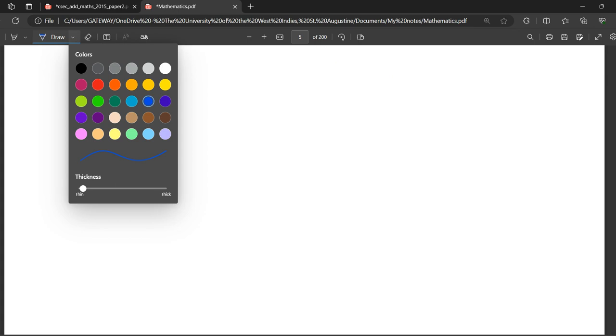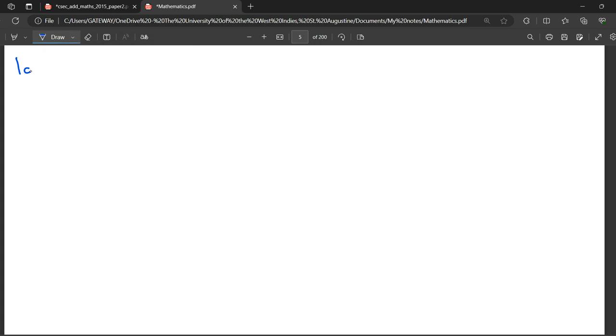So we have log of x plus 2, and this is the base 3, plus log of x minus 1 the base 3.